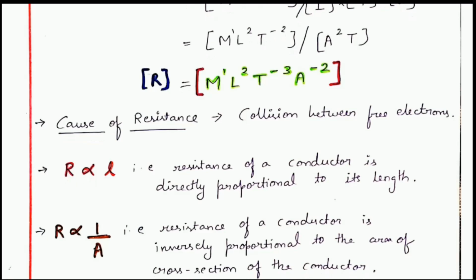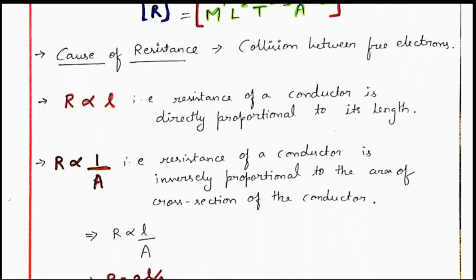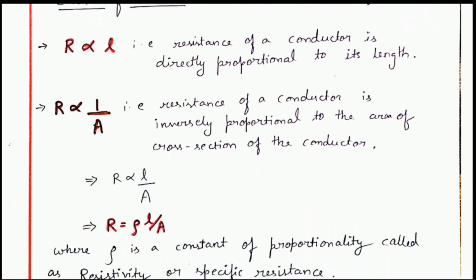Now there is a law of length which says R is directly proportional to L. That is, resistance is directly proportional to the length of a conductor and inversely proportional to the cross-sectional area of the conductor.